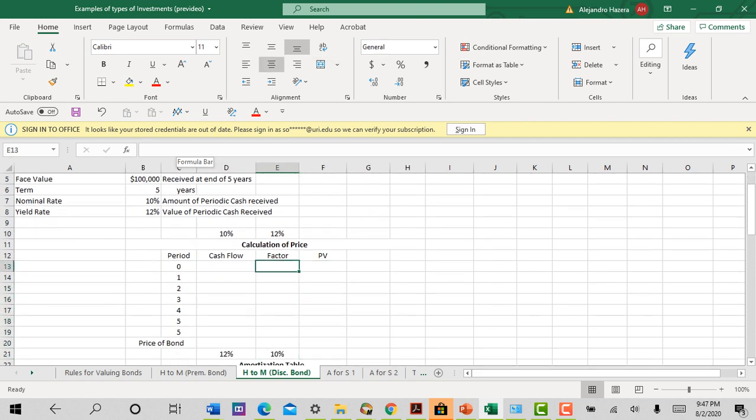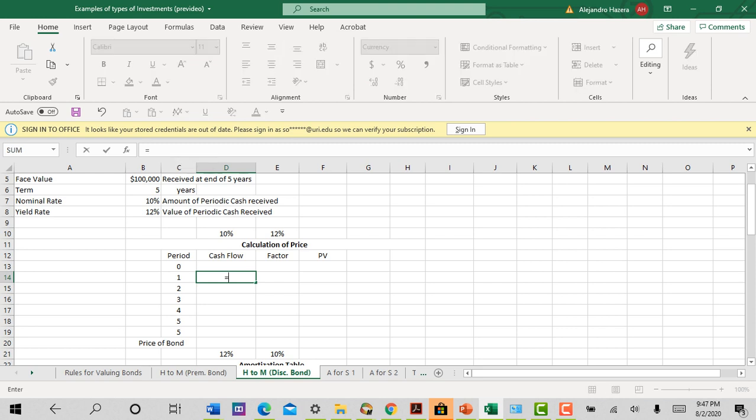The cash flow is going to be, once again, as you can guess, 10,000, because nothing's changed in this example except the yield rate. Everything else is the same. So we're going to take 100,000 times 10%. That'll give us the same annual cash inflow of $10,000. Now I'm going to freeze those cells again. Let's go ahead and freeze up those cells right here.